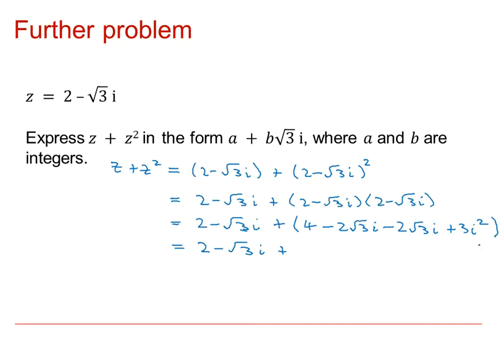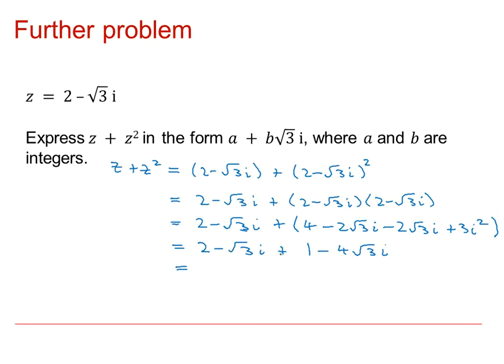So let's start with the i squared. We've got i squared is minus 1. So we've got minus 1 times 3 is minus 3 at the end, plus this 4 is plus 1. We've got minus 2 root 3i minus another 2 root 3i, so collecting these like terms together is minus 4 root 3i. And now we're ready to pull it all together.